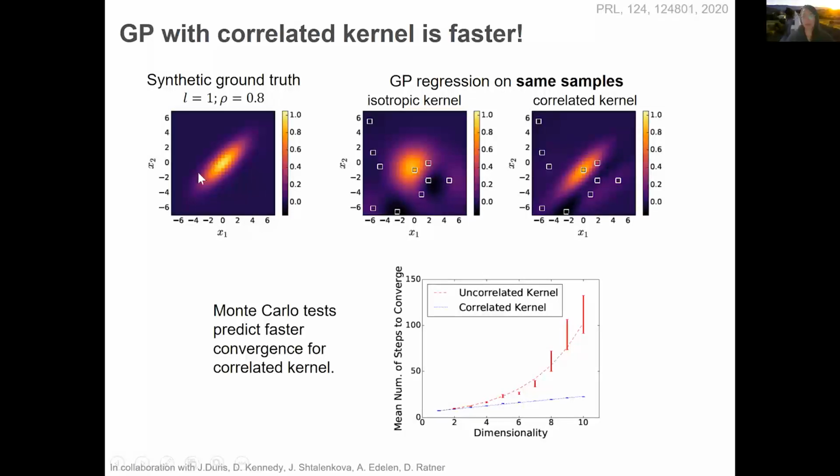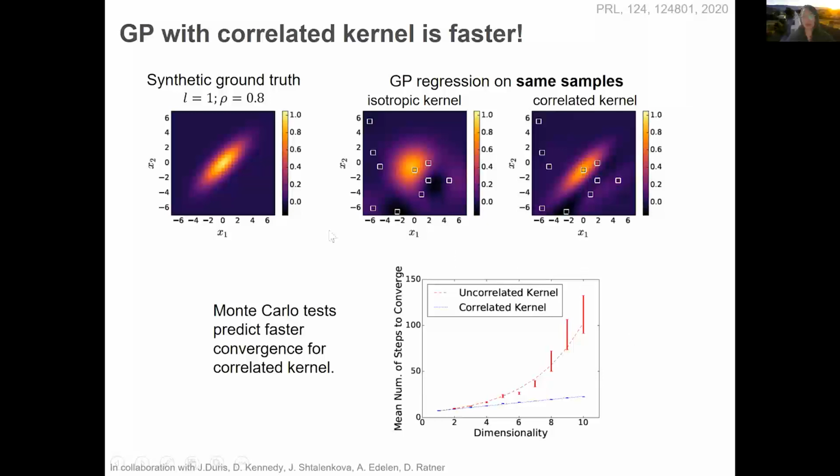If we have a synthetic ground truth which is correlated, using an isotropic kernel could bring us just as fast, but using a correlated kernel could bring us much faster. And this difference, on the y-axis, is the mean number of steps to convergence. So the correlated kernel takes fewer steps to converge, and this difference is enhanced as we go to higher dimensions.